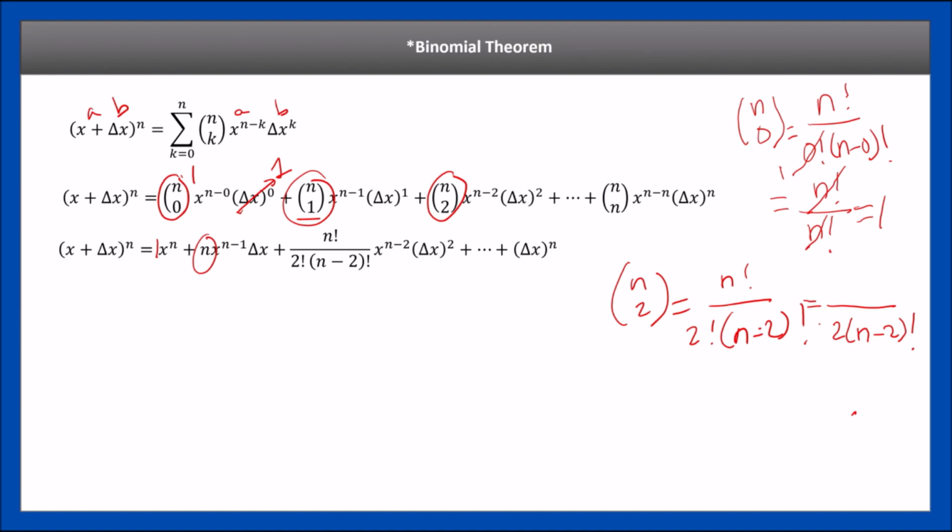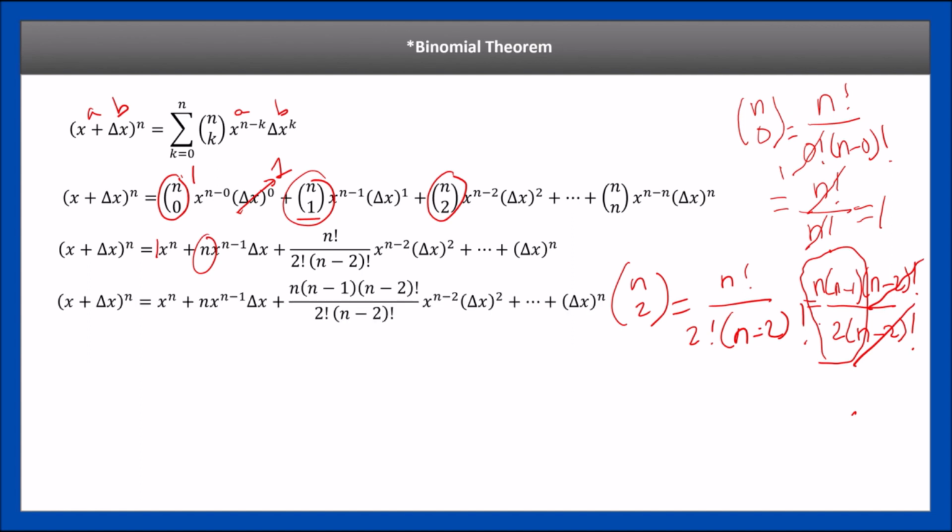And I'm going to write the n factorial as n times n minus 1 times n minus 2 factorial. We're going to stop it there so that we can cancel. All right, so that gives us n times n minus 1 over 2, which is what we have right here, right? Well, part of it anyways. Continuing on and showing my work, we do get the n times n minus 1 over 2, which is what I was trying to show you.